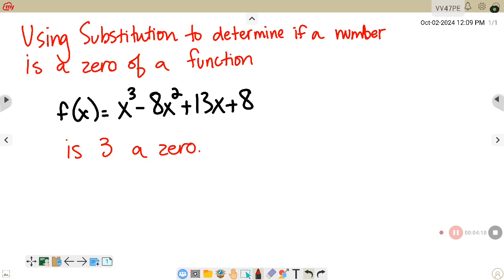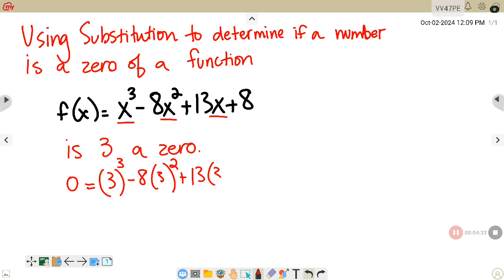The way I'm going to do that is replace the f of x with a 0, and replace all the x's in the function with 3's. So I'll have 3 cubed minus 8 times 3 squared plus 13 times 3 plus 8. Then I'm just going to put all of that in my calculator.